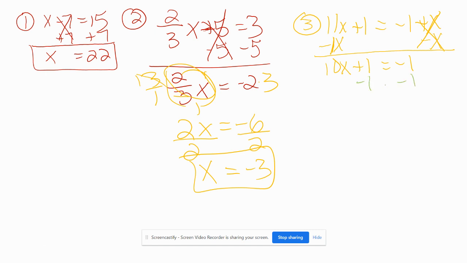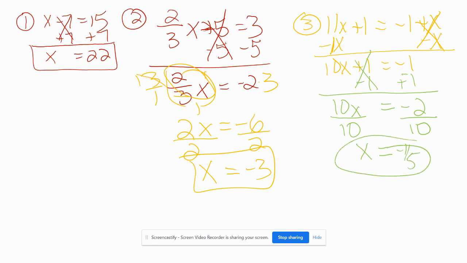The opposite of adding 1 is subtracting 1. So we have 10x. That adds to 0. Negative 1 minus 1, or plus negative 1, is negative 2. And then our last step, the opposite of multiplying by 10 is dividing by 10. 10 divided by 10 is 1. Negative 2 over 10, I can't divide evenly, but I can reduce that by 2 to make it negative 1/5.